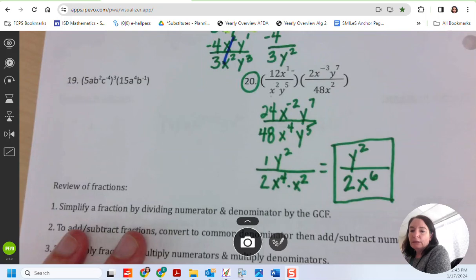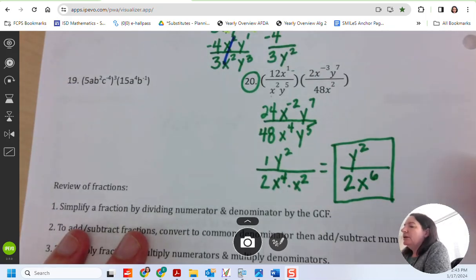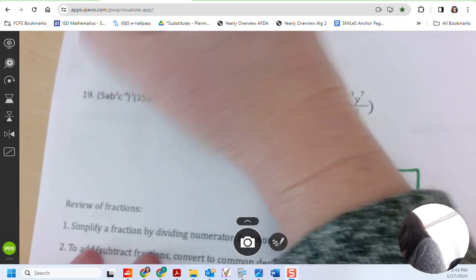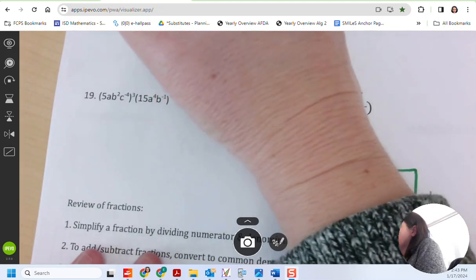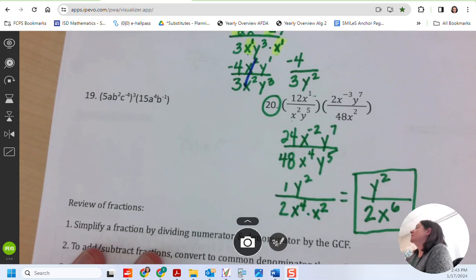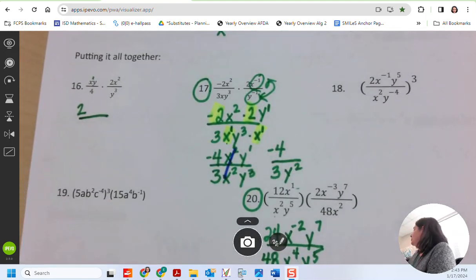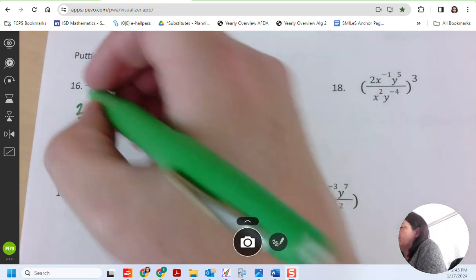Okay. Let's see how we're doing with this. All right, first one, when you multiply across, I like to put the 2 first, and then I have x to the 2 times x to the 1, which gives me x to the what? Is it frozen, or no, I'm just in the wrong spot? X to the 2 times x to the 1 gives me x to the 3, because you're adding your exponents.